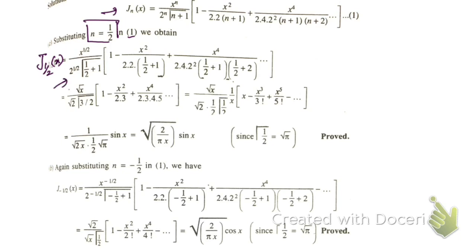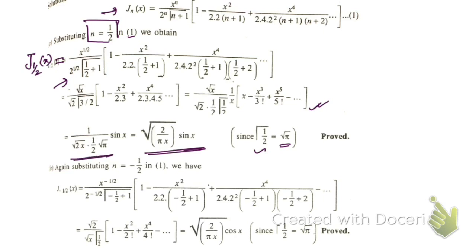If you simplify this result, then you're going to have this. And remember that gamma function of half is root pi, so I have used that here.